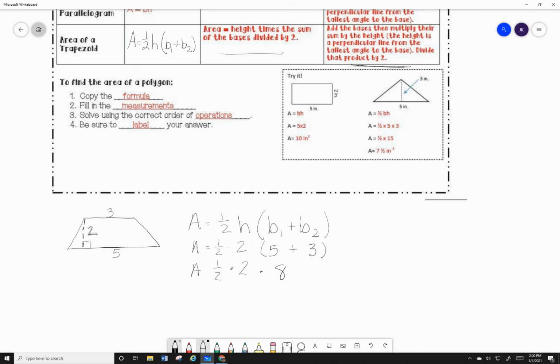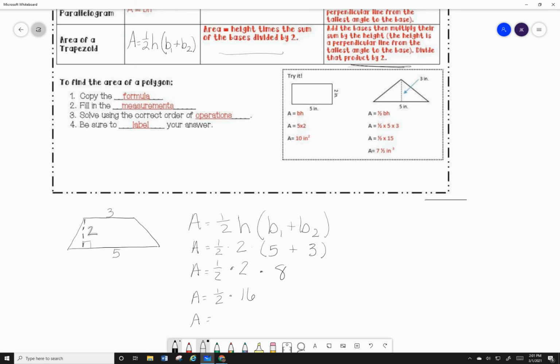All right, we'll continue on. And now I can do this multiplication problem. We'll start with the 2 times 8. So area equals 1/2 times 2 times 8 is 16. And I know for my final step that multiplying by 1/2 is the same thing as dividing by 2. So I can think to myself, what is 1/2 of 16?